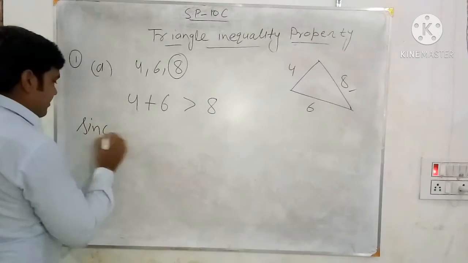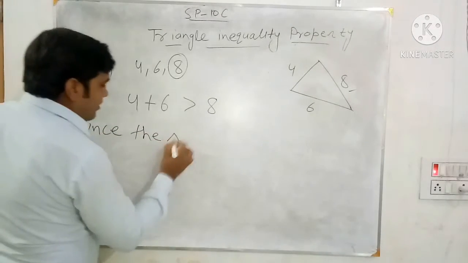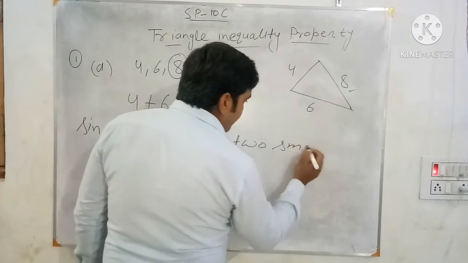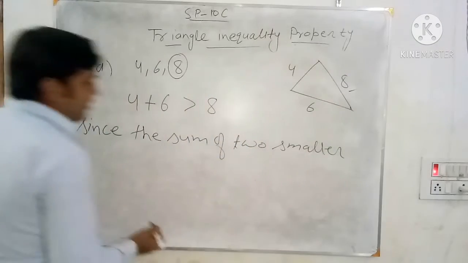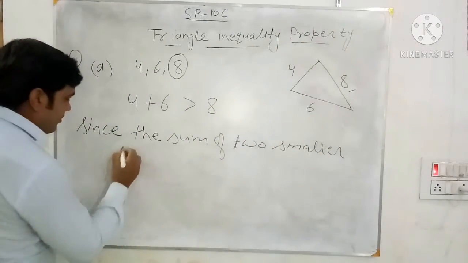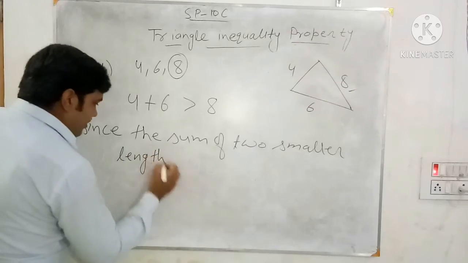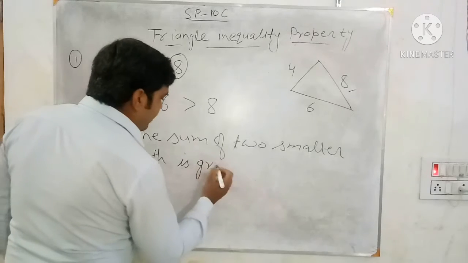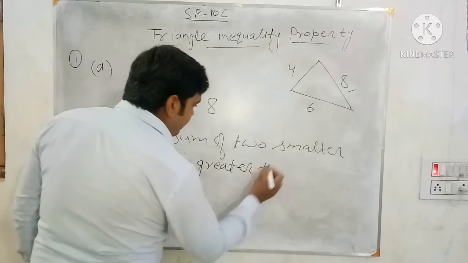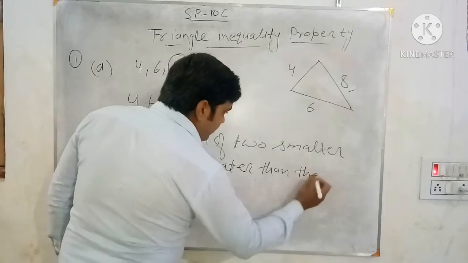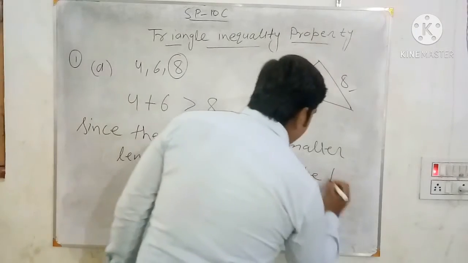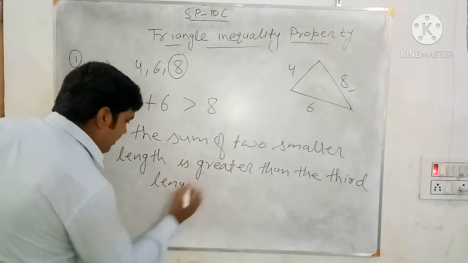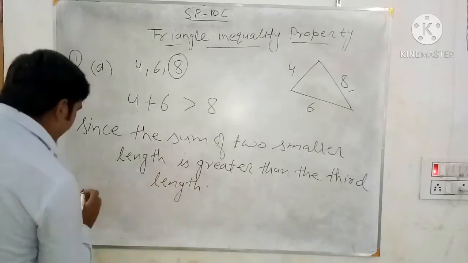Since the sum of the two smaller lengths is greater than the third length, therefore, what do you write?